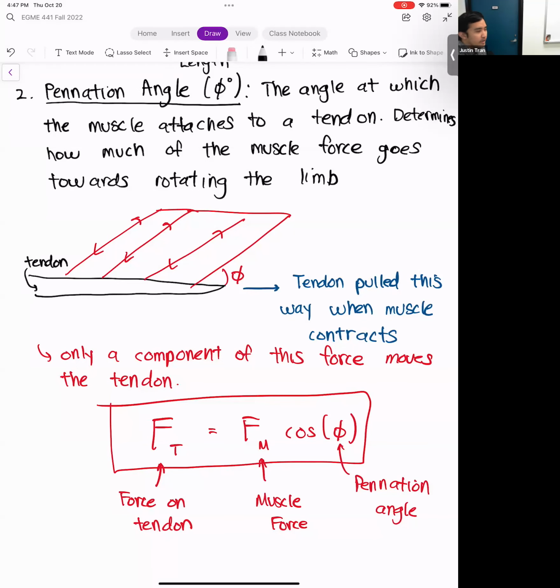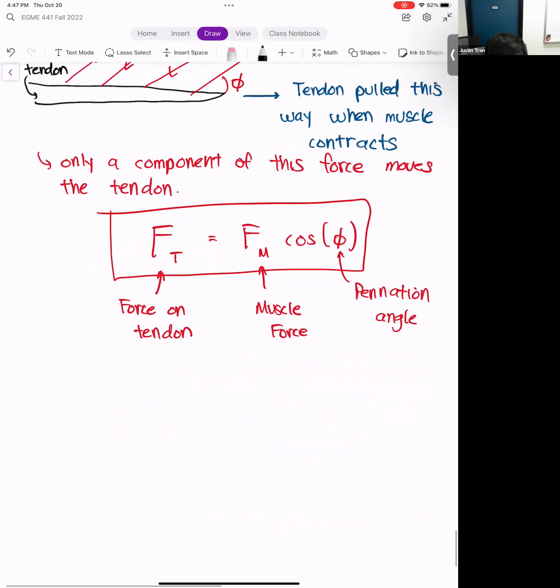And so this is the second defining characteristic. In terms of defining how muscle behaves, you need to know this as well. Any questions on pennation angle? Great. All right, so that's characteristic number 2. Characteristic number 3 is called the maximum isometric muscle force.